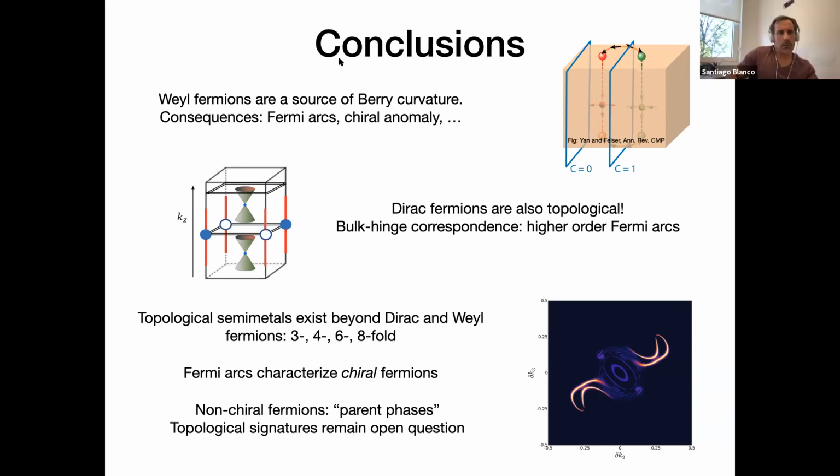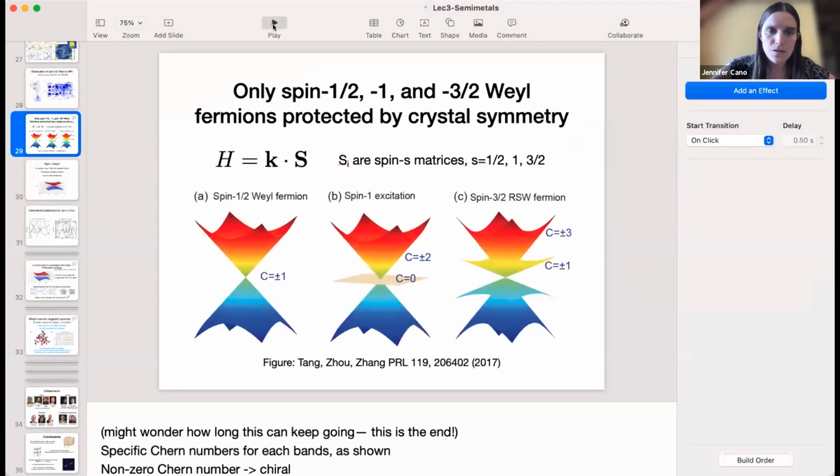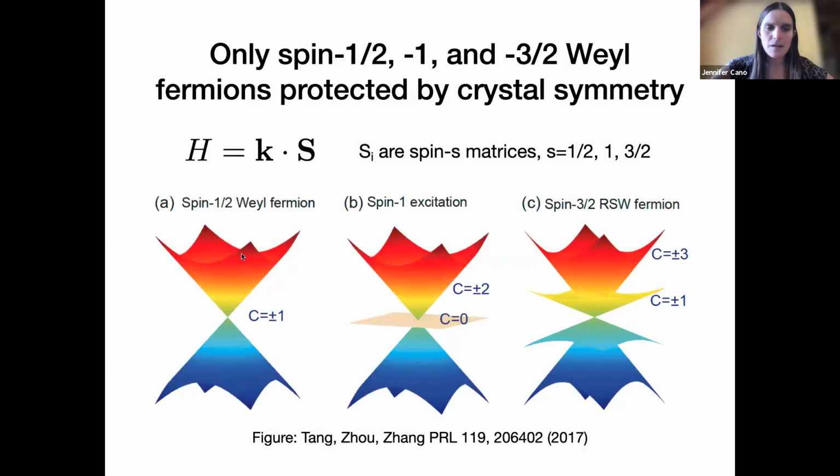An anonymous attendee is asking, in multifold fermions we have different band crossings. How could we calculate the Chern number by hand or by pair of bands? Yeah, this is actually good. What you should do is look at a Fermi surface.